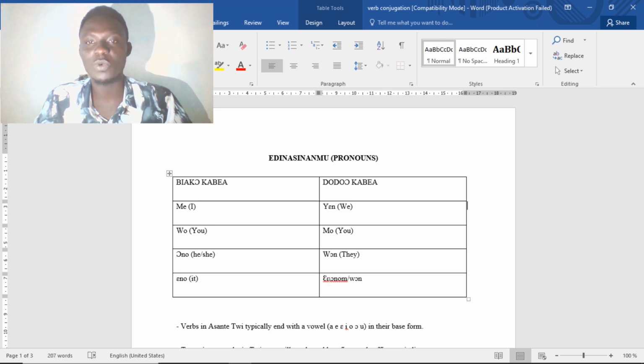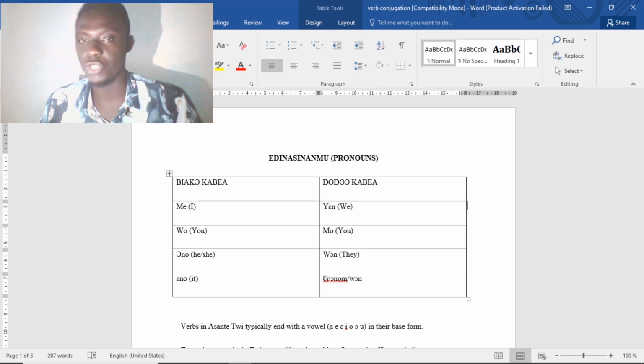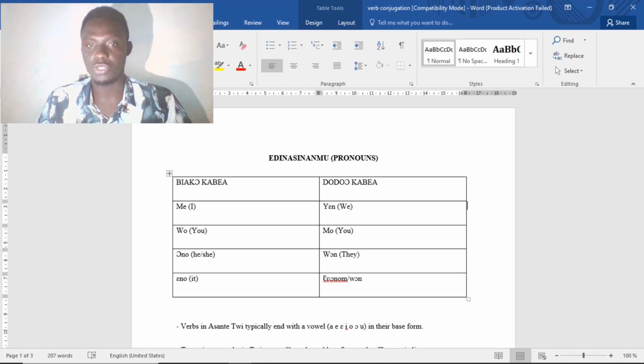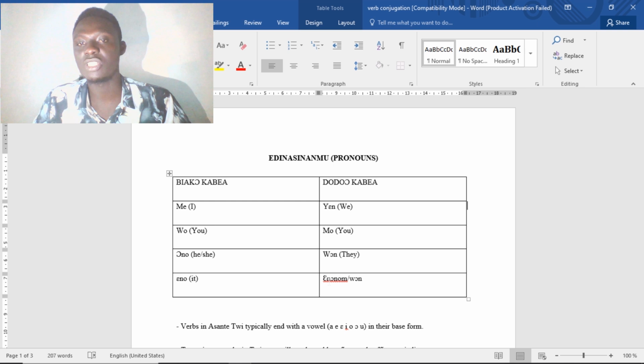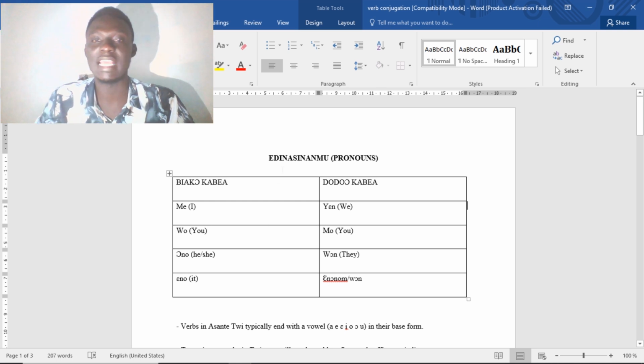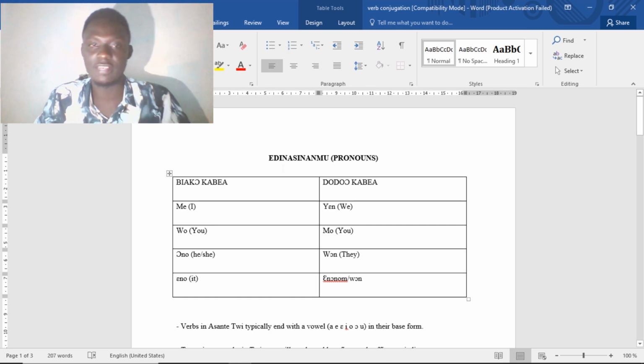So today we'll be dealing with verb conjugation. In order to conjugate our verbs, we need a recap on the pronouns we did in our previous lesson. Remember, when we tackled the pronouns, we said the key name for pronouns is edin sianemu, where edin is name and sianemu is representative.